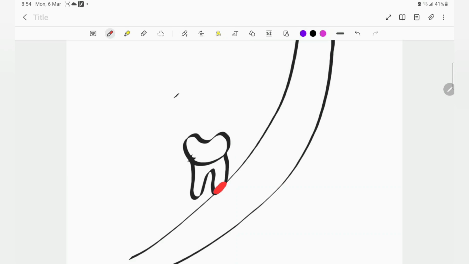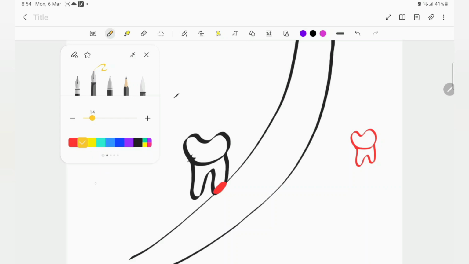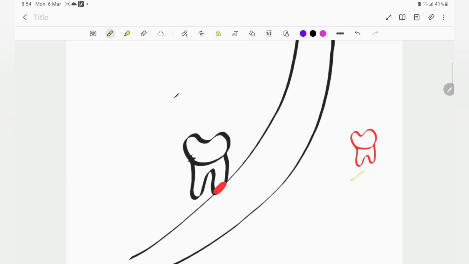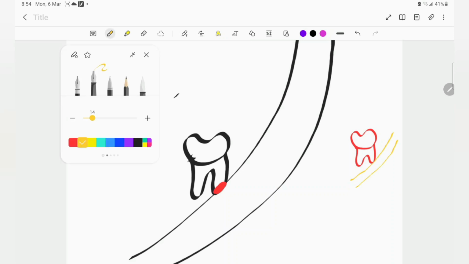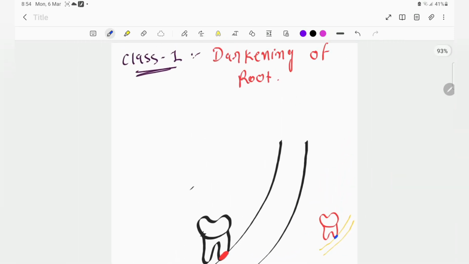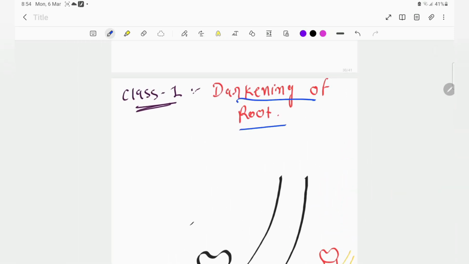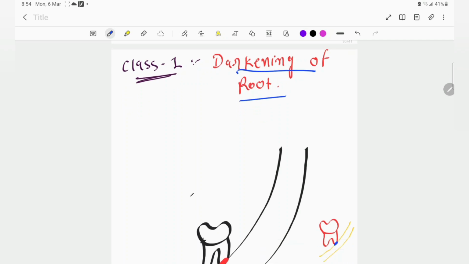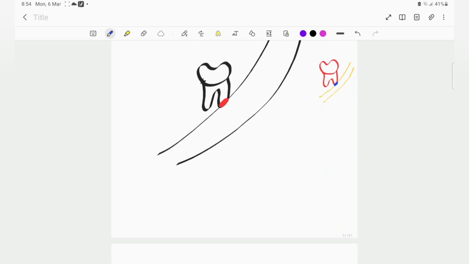What I am trying to tell you, this is our third molar, right? And here we have our inferior alveolar canal. You can see this is just passing on to the root. That's why darkening is there, and that's why it is called darkening of root. So in this case we have to take more precaution about the inferior alveolar nerve, right?